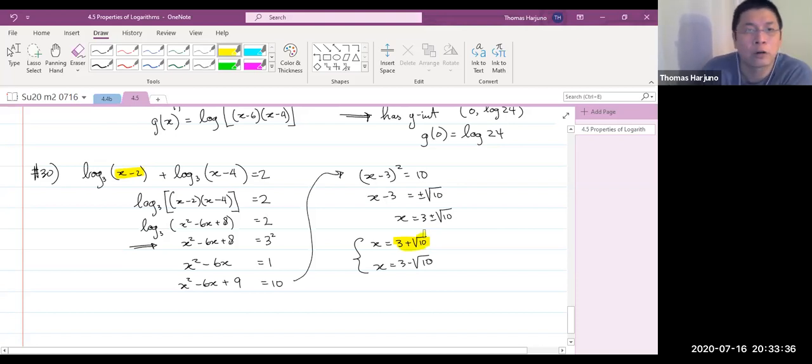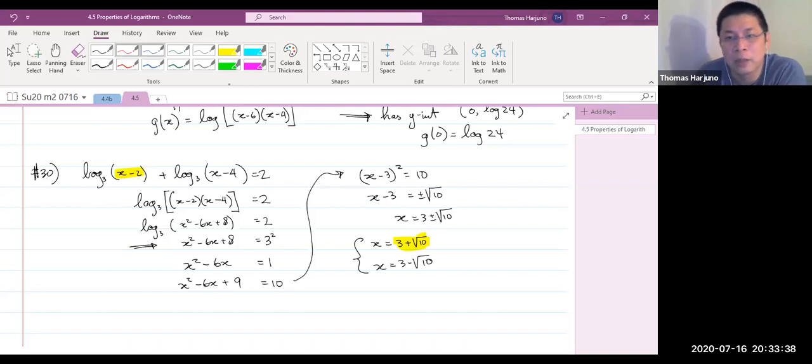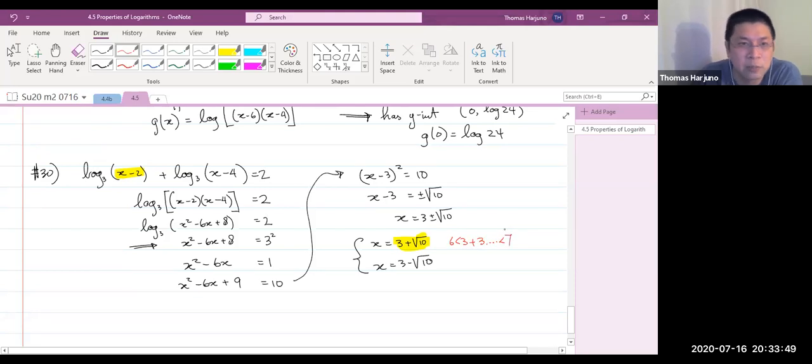If I do a rough estimate, this is 3 plus 3 point something. So this will be at least 6, but of course no more than 7. Now 6 minus 2 is positive. 6 minus 4 is still positive. So either way, when I plug that into the equation, it will be defined in the domain.